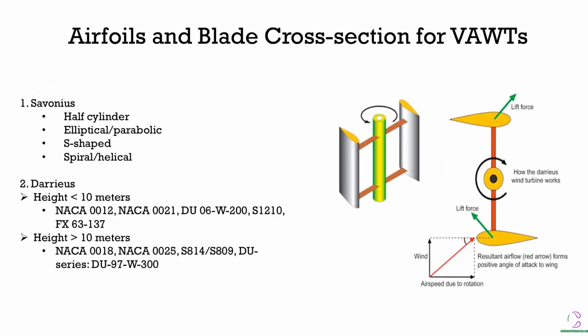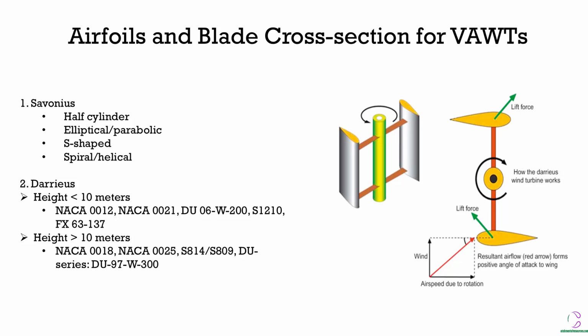So, airfoils and blade cross sections for VAWTs. For the Savonius, they are usually a material with a thickness. The cross section could be a regular shape, for example a half cylinder, but having a thickness that is resilient against the effects of the environment and the forces on it. So you have elliptical or parabolic cross section of the blade, S-shaped or helical/spiral blades.